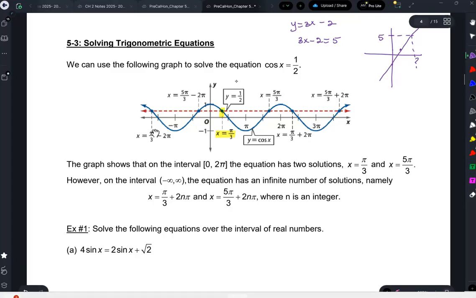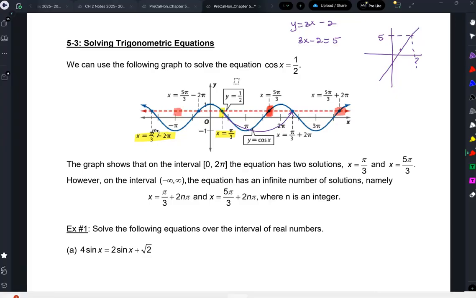Because if you go over by 2 pi, pi over 3 plus 2 pi is another place where you have a solution, or pi over 3 minus 2 pi. Similarly, you also have a solution at 5 pi over 3, but also 5 pi over 3 plus 2 pi, 5 pi over 3 minus 2 pi, and so on.